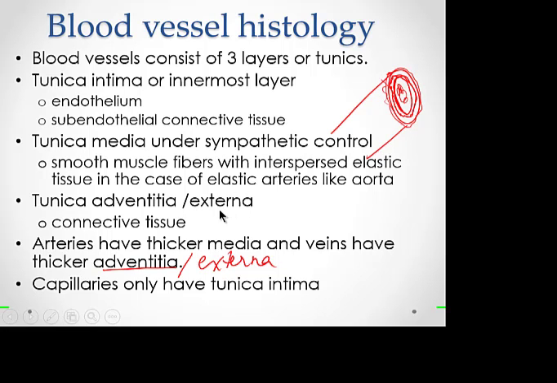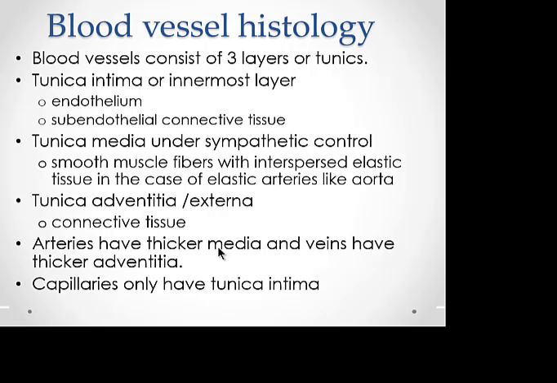And the last layer is called tunica externa or adventitia, which has just connective tissue. Since arteries have to push blood to a greater area under great pressure, the tunica media is extremely thick. Veins, on the other hand, have blood flowing through them at a lower pace, not under so much pressure. Blood actually flows very, very slowly through veins.